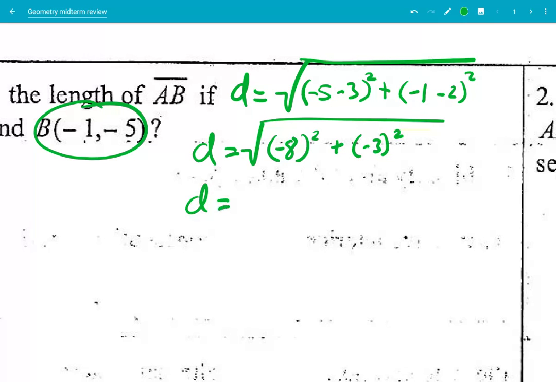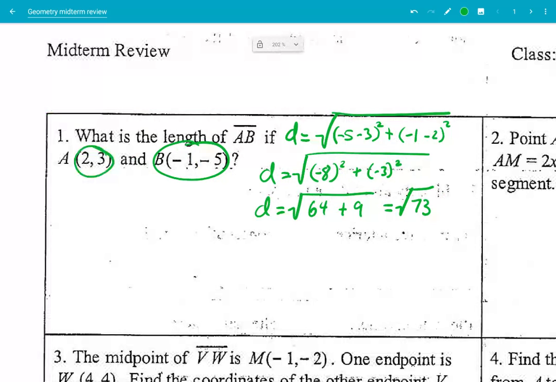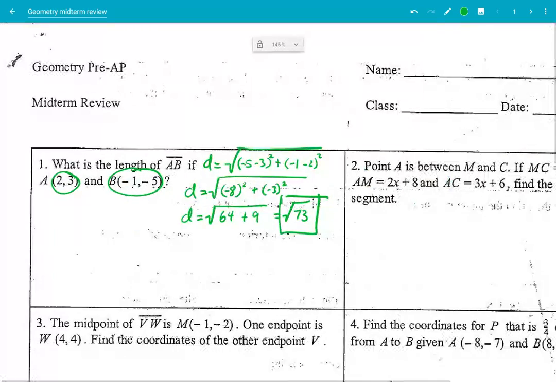So the distance is 64 plus 9, and that is the square root of 73, which is not a perfect square, so we're going to leave it at that unless we can find some factors of 73, which I don't. Let's just leave it at that and pretend it can't be simplified.